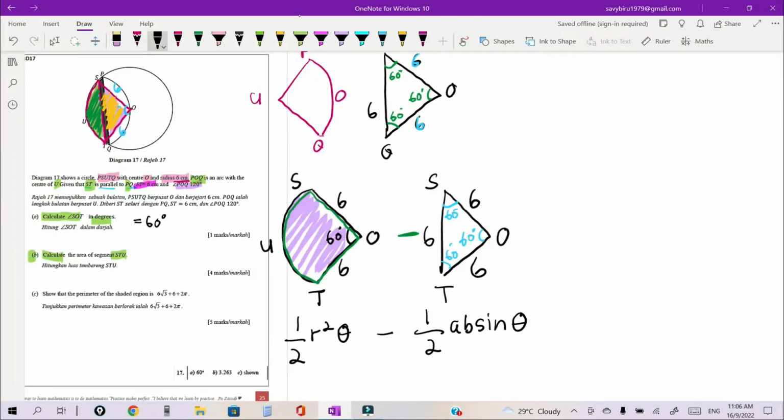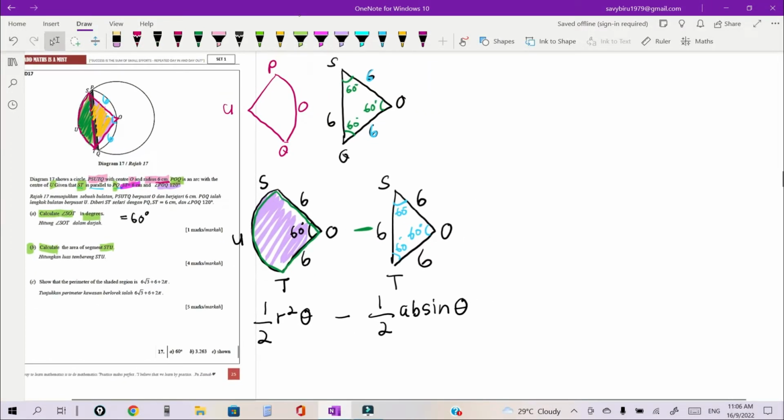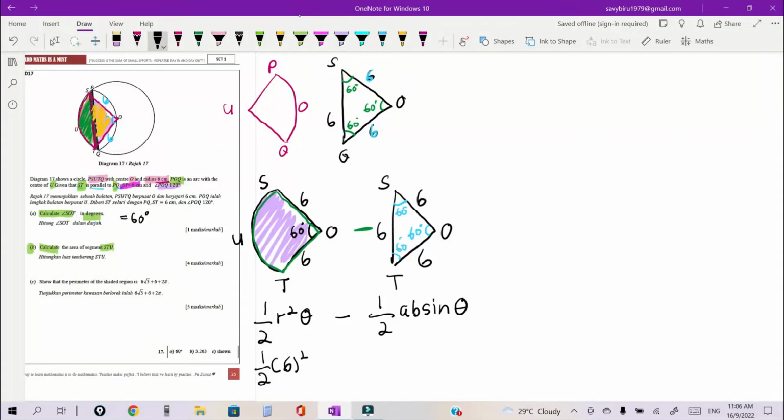You can use the solution of triangle formula. So we apply the formula. The radius of the sector is 6 cm and the angle there is 60 degrees, converted to radians, minus the area of the triangle.